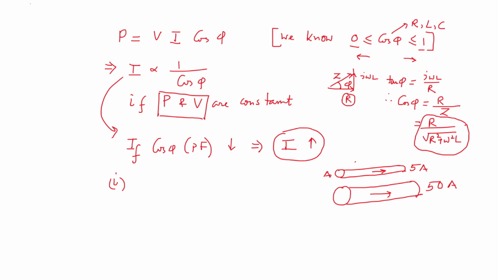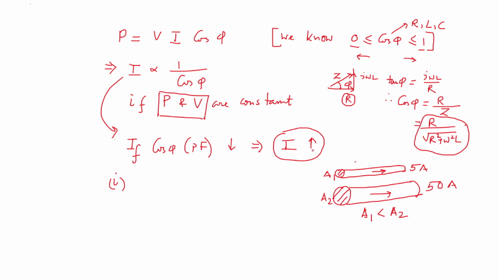If this is A1 and this is A2, the conductor carrying 50 ampere has cross-sectional area A2, and the first conductor carrying 5 ampere has area A1. So naturally A1 is less than A2.